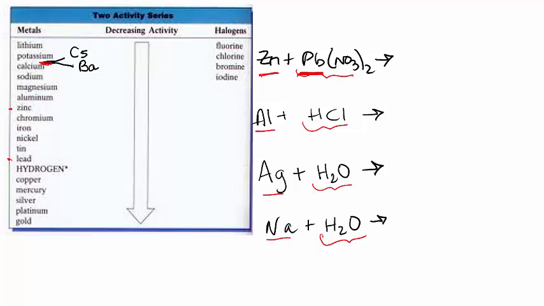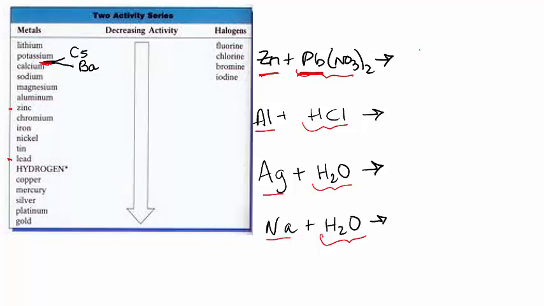Whichever one is on top, that is the one that should be bonded with the negative anion. If it is not bonded with the negative anion, then you have to replace it. It should be. So zinc is more active, and zinc right now is not bonded with the anion, and it should be. So you're going to need to fix that.